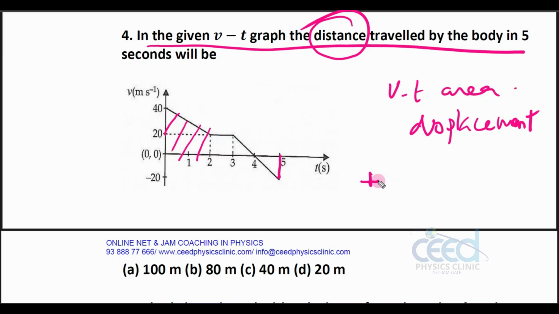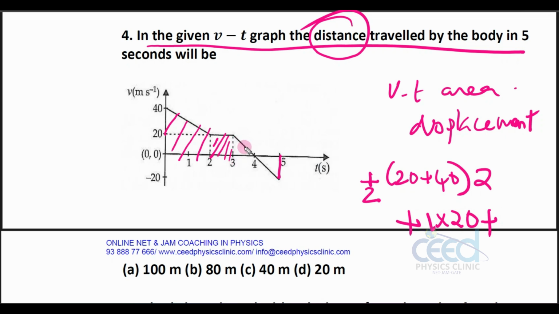Trapezium, half into sum of parallel sides, that is 20 plus 40 into height, that is 2, plus this is again a rectangle, that is 1 into 20, plus this is a triangle, that is half into base into height 20, plus finally this triangle, which also we are finding as distance.